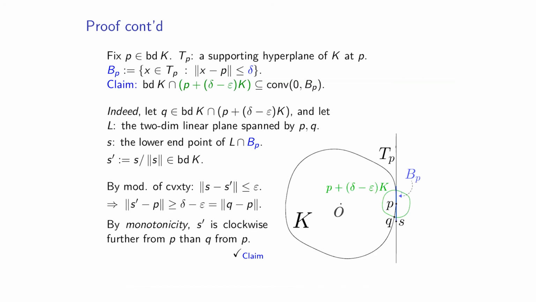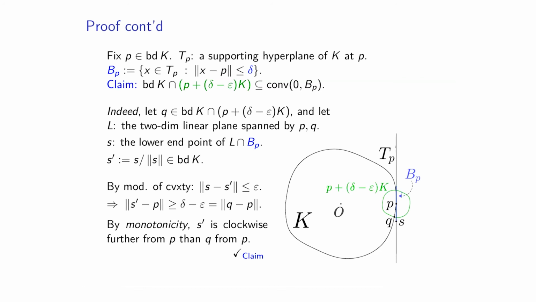That's exactly the goal. If we can show that Q is in the arc or on the arc between S prime and P, then we are happy, because that means that Q is contained in this cone. I don't understand why it's on this arc or vice versa, not on this arc.